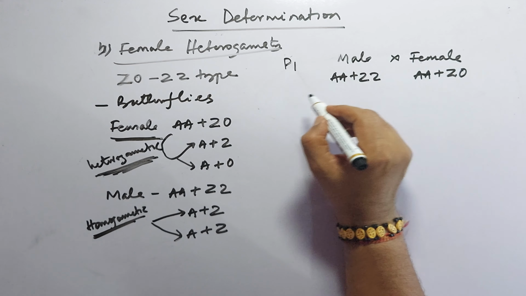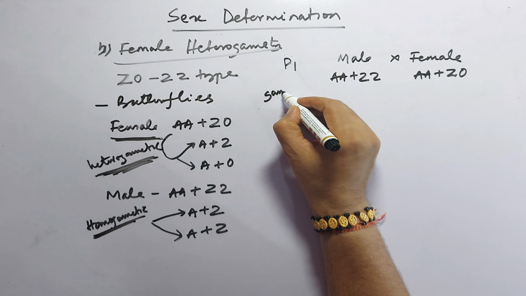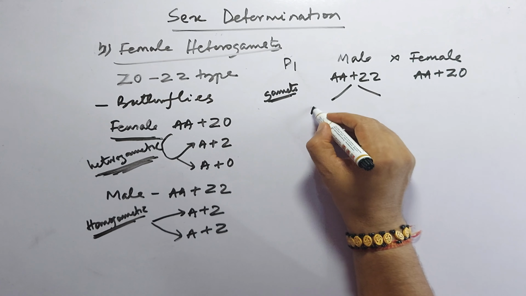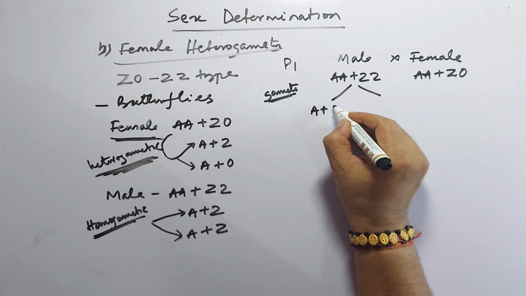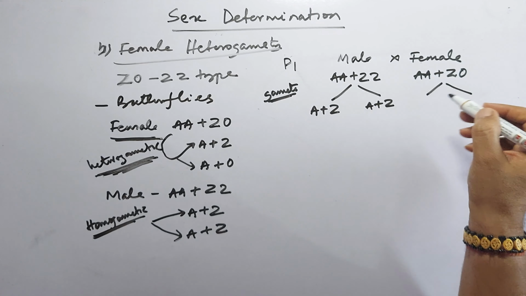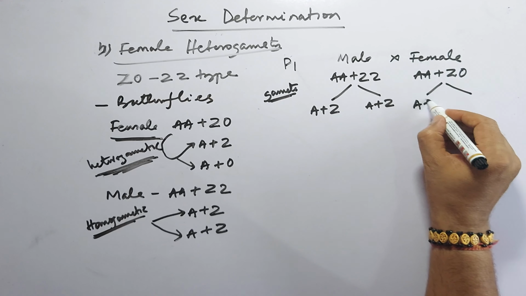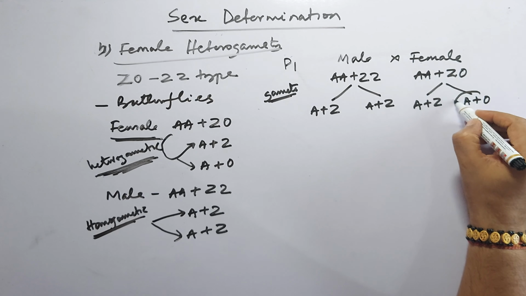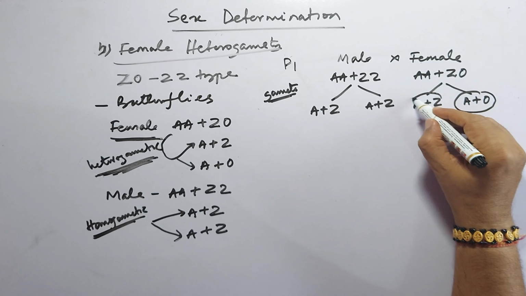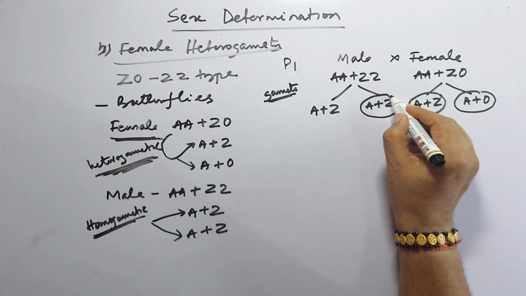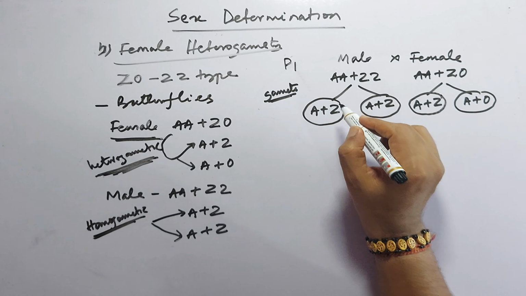When gametogenesis occurs, the male will produce two same type of gametes, A plus Z, and the female will produce A plus Z and A plus O. So the female one is heterogametic and the male one is homogametic.